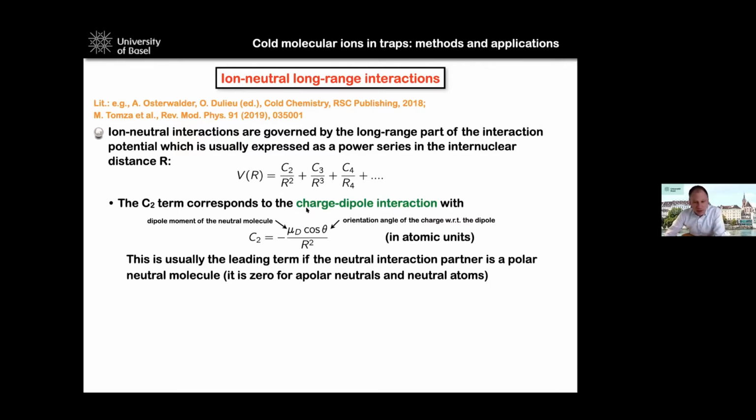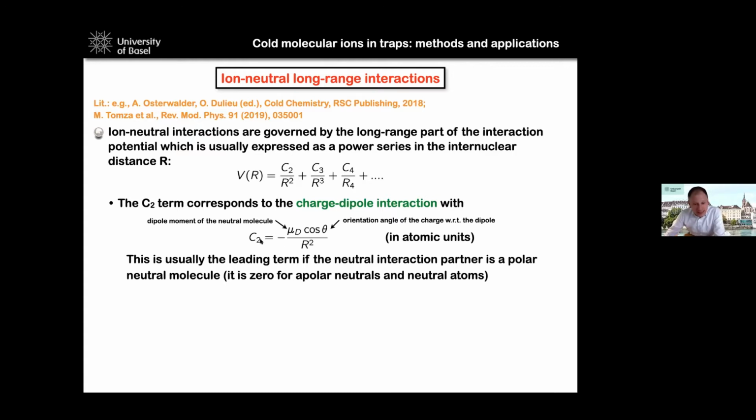And this term corresponds to a charge-dipole interaction. So the interaction between the charge of one of the collision partners and the permanent dipole moment in the other collision partner. But for this to be non-zero, the other collision partner needs to have a permanent dipole moment. In other words, this is usually the case when we have molecules, because atoms don't have permanent dipole moments.